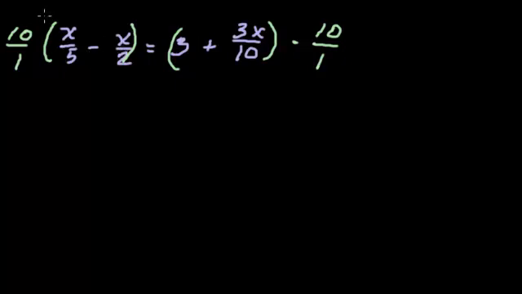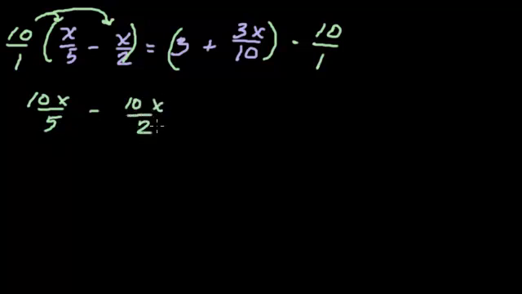I'm going to distribute this here and here, and I will get 10x over 5 minus 10x over 2 equals 3 times 10, which is 30, plus 30x over 10.